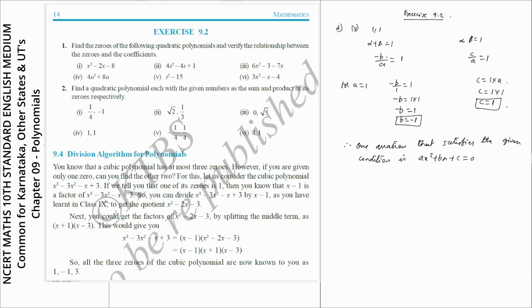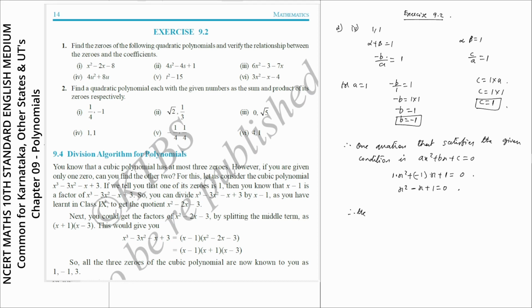A is equal to 1, b is equal to minus 1, c is equal to 1, and alpha plus beta is equal to 1, and c by a is equal to 1. So substitute the values of a, b and c here. A is 1, x square plus b is minus 1 into x, plus what is c, 1. So 1 into x square is x square, so plus into minus is minus, 1 into x is x, plus 1 is equal to 0.